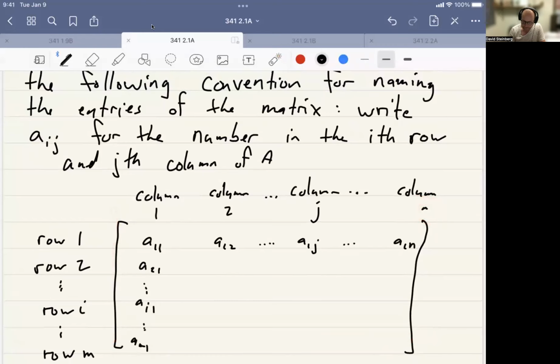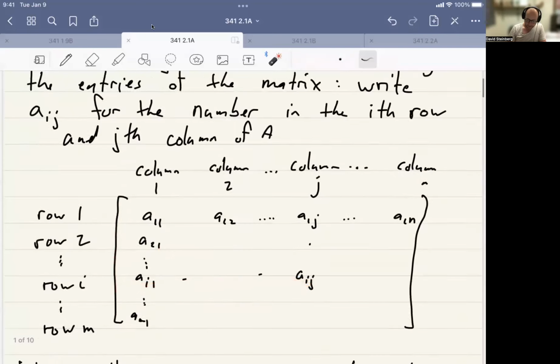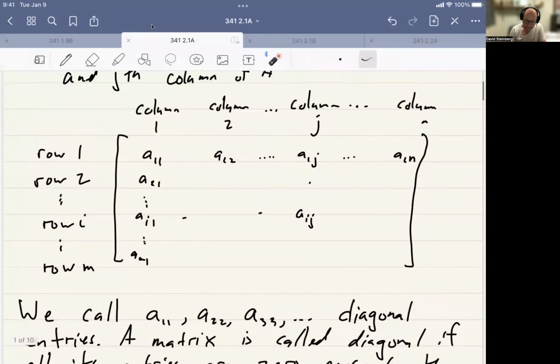And so if we're in row i and column j, so right here, then we're at this entry a_ij. Okay, so as always, it's down and then over. So down i, over j is a_ij. Okay, and look, we've got a_22 is right here.